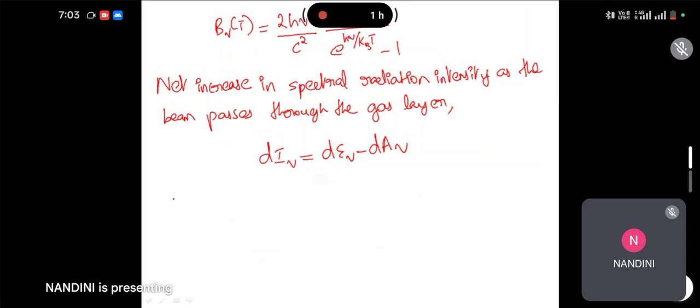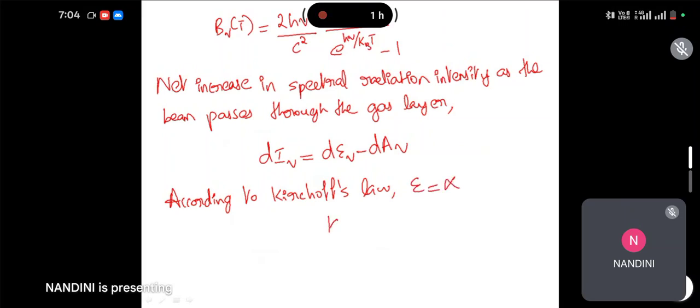And according to Kirchhoff's law, the fraction of radiation absorbed by a gas will be equal to the fraction of the total black body radiation emitted by the gas, which means the absorptivity will be equal to the emissivity.